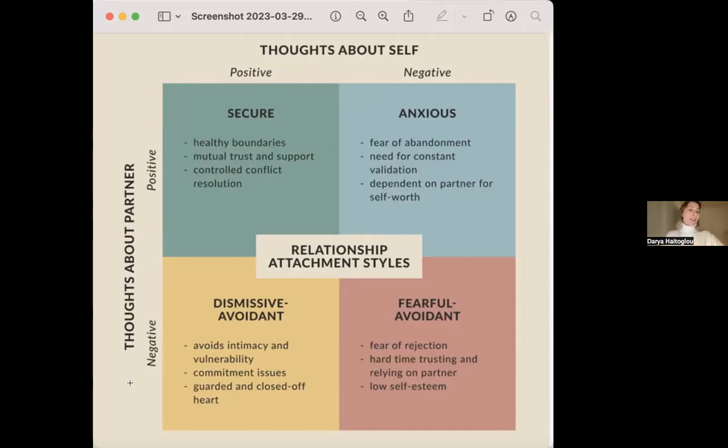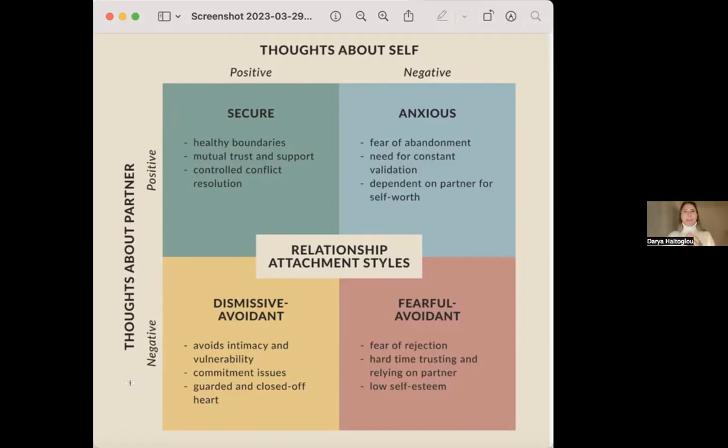Now, the dismissive avoidant style has a negative attitude towards the partner, but very positive about the self, meaning I can hold myself and think of myself as great, I'm very solid, but I judge, disrespect or criticize the partner.